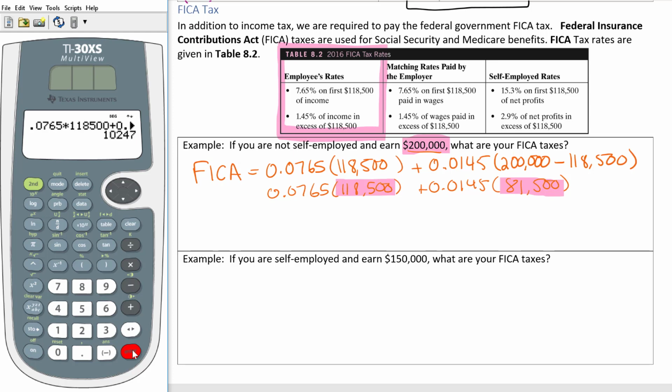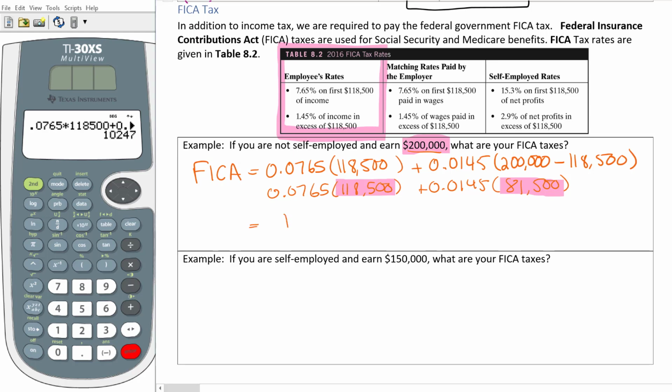Okay, so if you multiply all of that out, that's going to get you $10,247. So in addition to the income tax, which we didn't even calculate for this particular not self-employed employee, they owe another $10,247 of FICA tax.